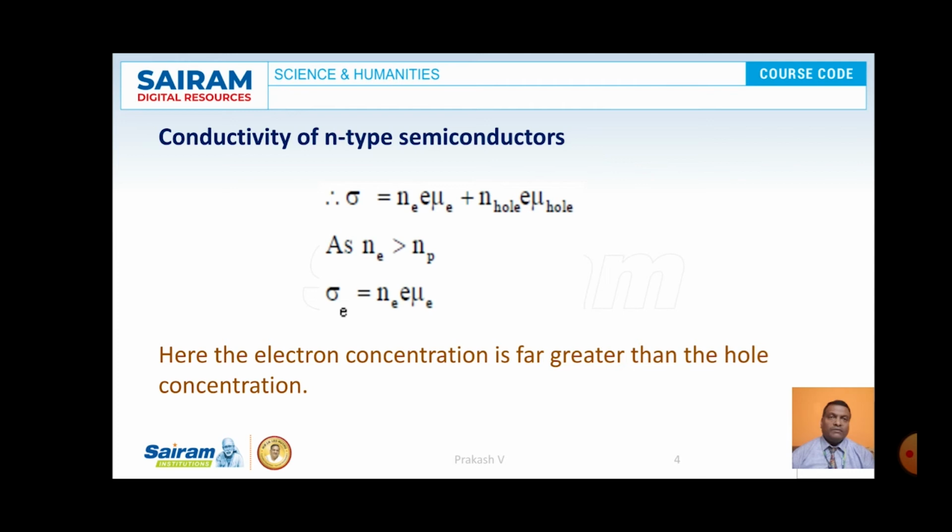So the conductivity in case of n-type semiconductor is given by sigma e equal to Ne into e into mu e. This is the expression for conductivity in case of n-type semiconductor. Here the electron concentration is very much greater than the hole concentration, which is why the second term is not taken into account.